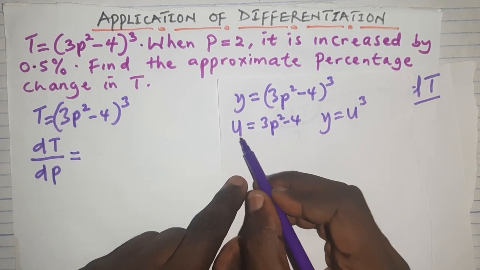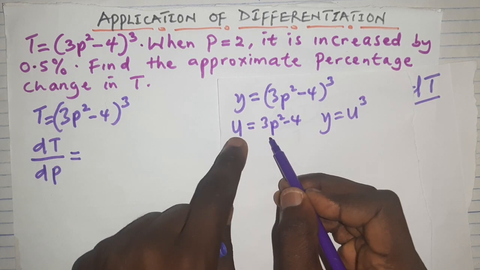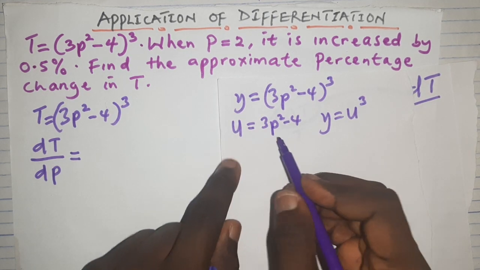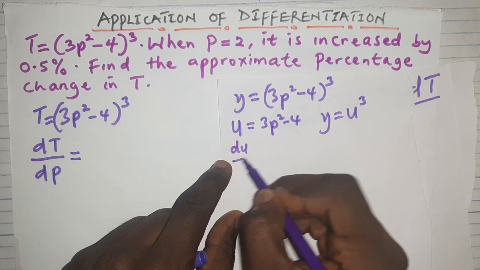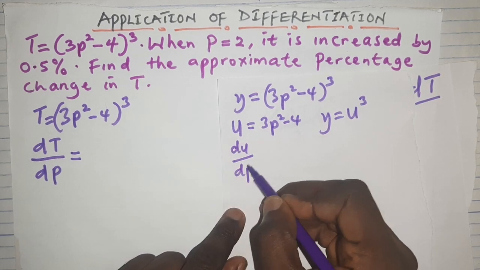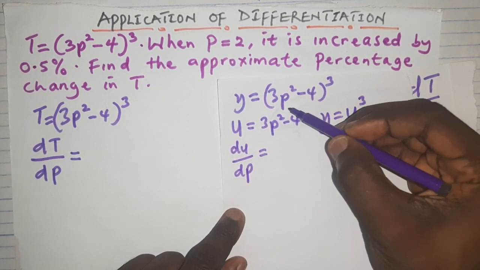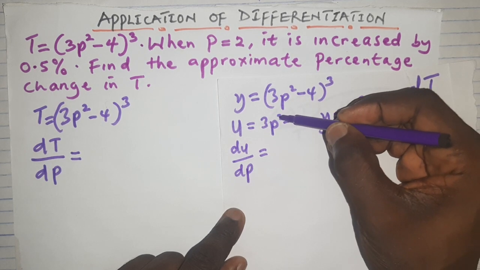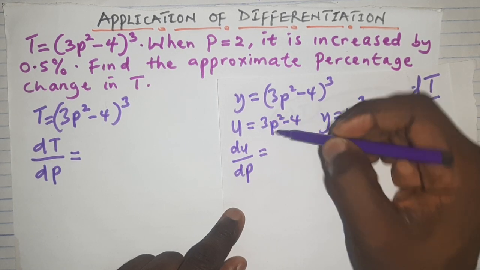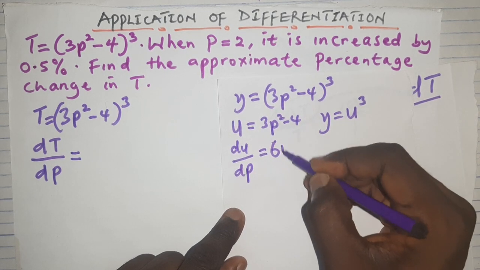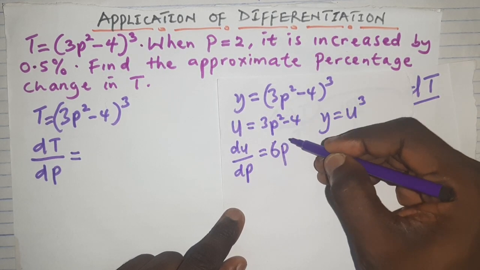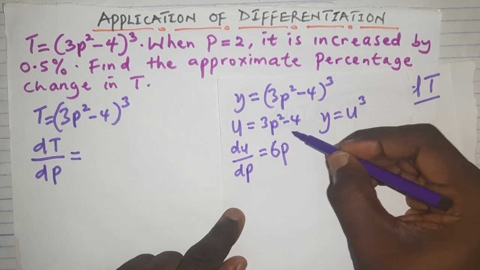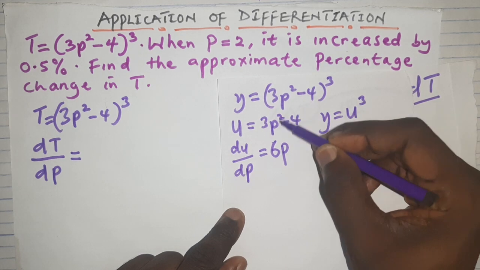Then I'll differentiate u with respect to p. So du dp: since this has the variable p, I'll do 2 times the coefficient of p, that's 2 times 3, I get 6. Bring my p down, remove 1 from this 2, I get 1 here. Then minus 4 has no p, so it's 0, it's a constant.